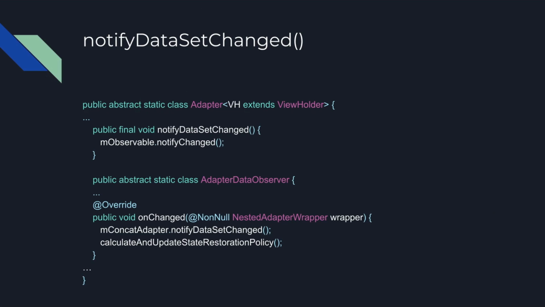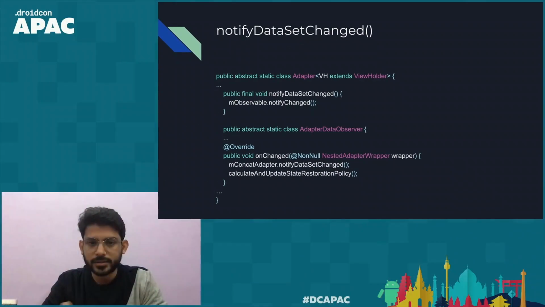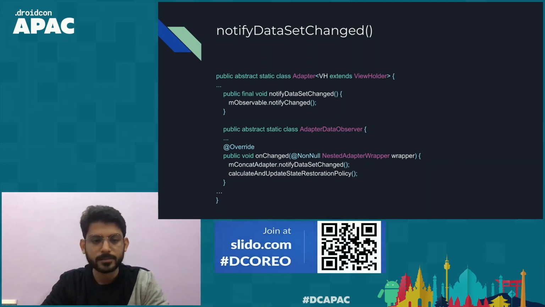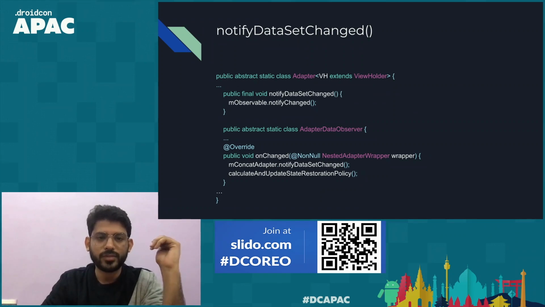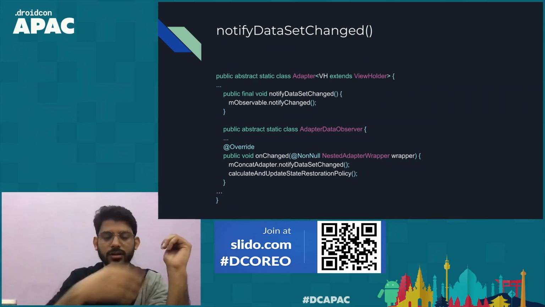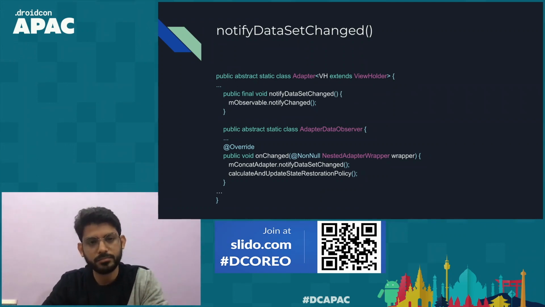So it calls notifyDataSetChanged on the ConcatAdapter, and the adapter basically calls notifyDataSetChanged on all of the individual adapters. So there can be some performance problem with this approach if you use notifyDataSetChanged, because if you are notifying a single adapter, it would notify all of the adapters.